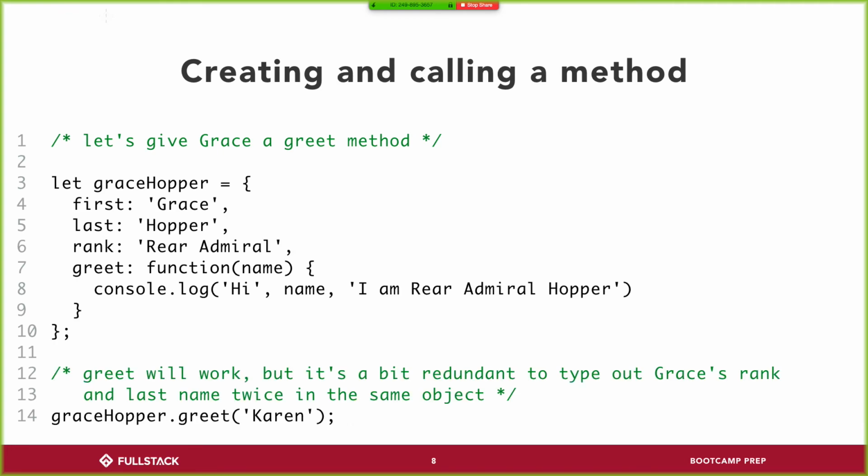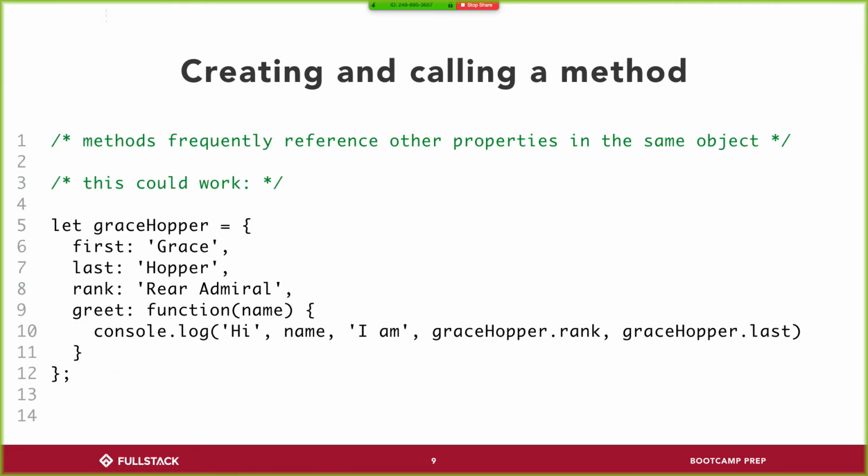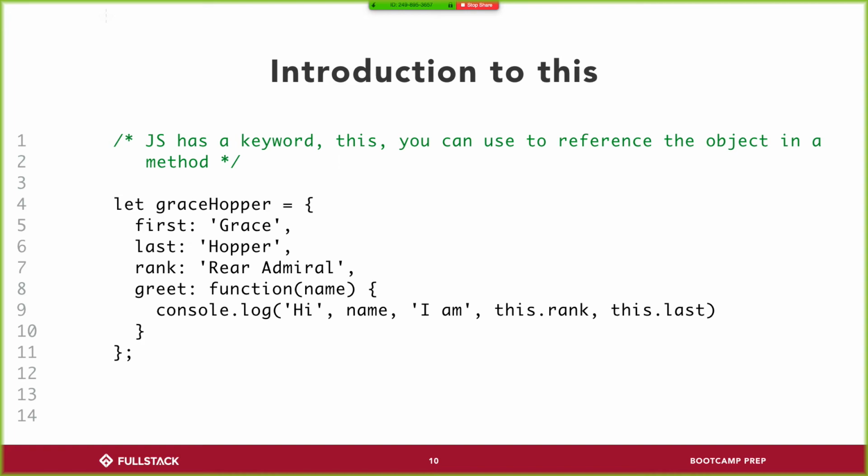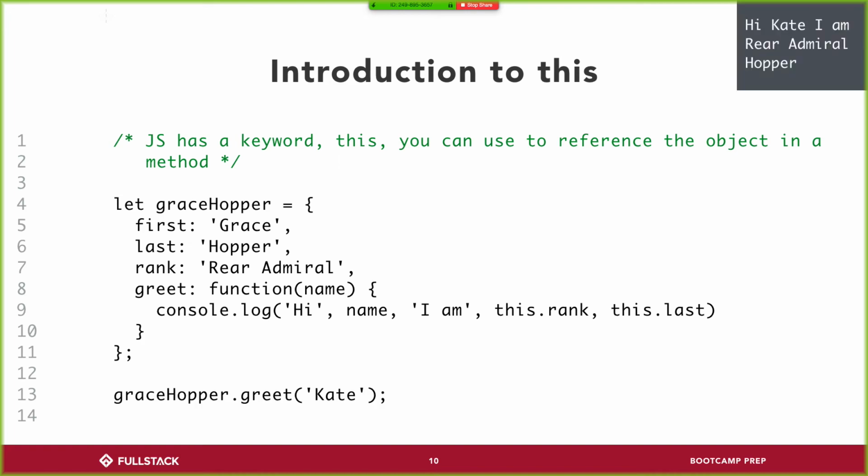I went really far back. So here we did gracehopper.rank and gracehopper.last. But using this in this scenario is pretty much the same thing. So we have this.rank, this.last, and it's going to function similar to Grace Hopper because this is just an object. And this, in this case, is the Grace Hopper object.